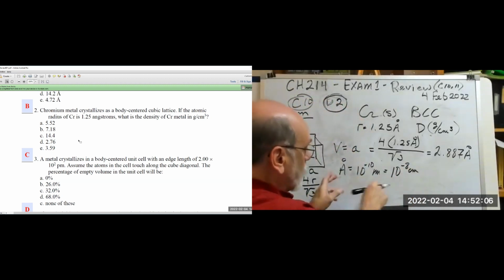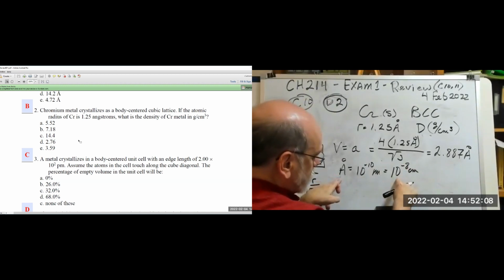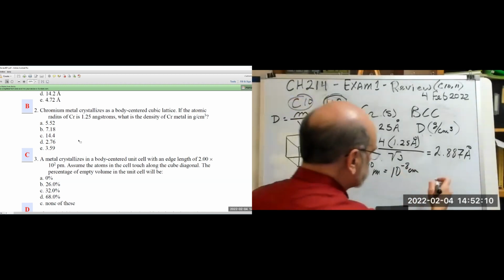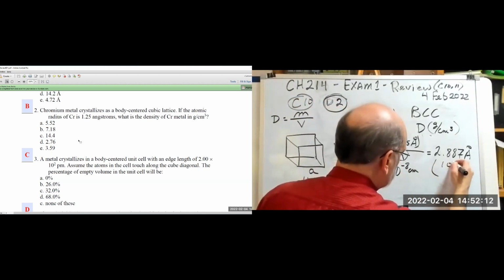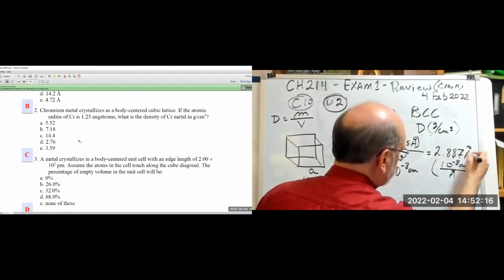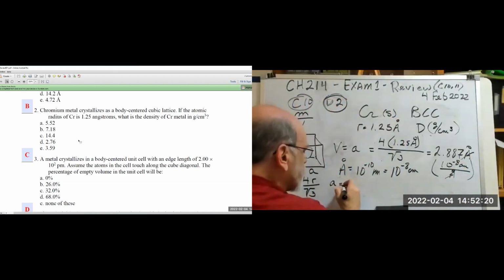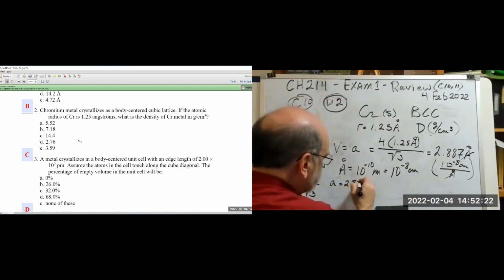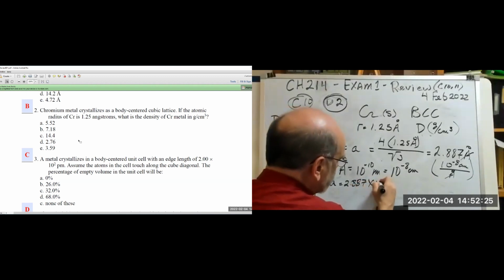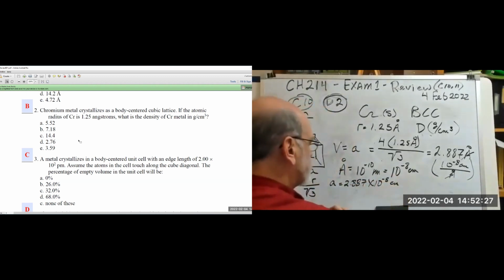Okay? So now we have an equivalence. Put this on the top. Put this one on the bottom. They cancel. Now we have the edge of the cube is 2.887 times 10 to the minus 8 centimeters.